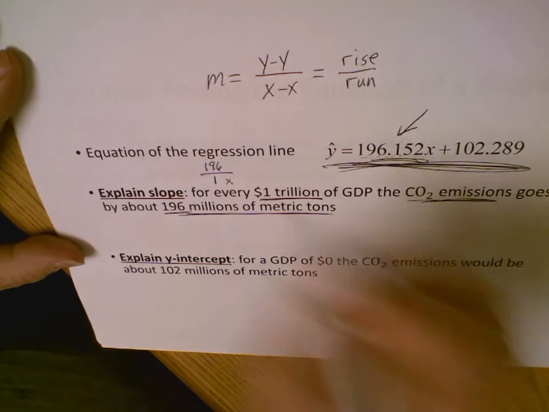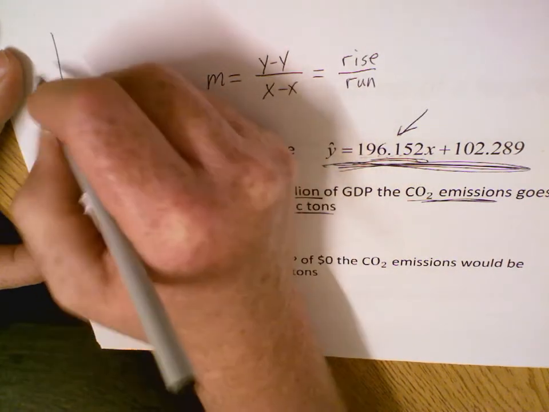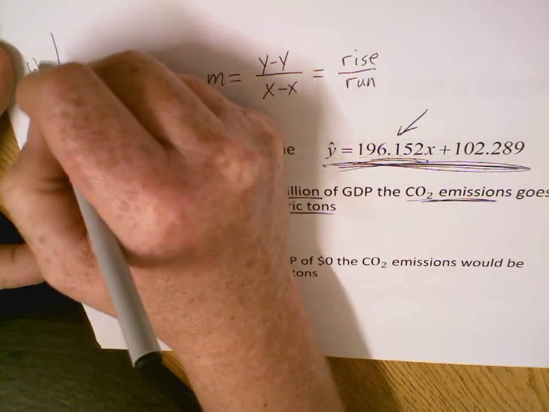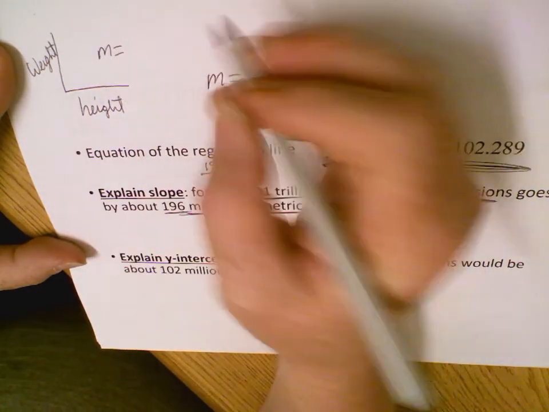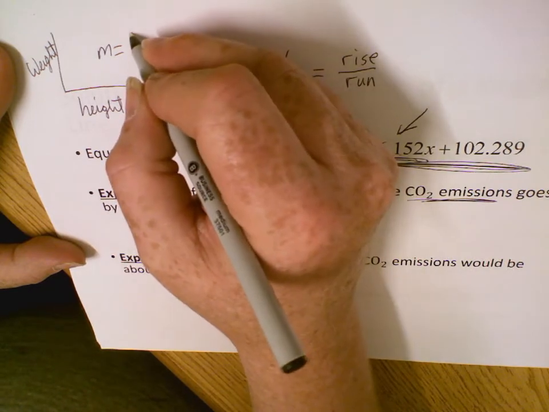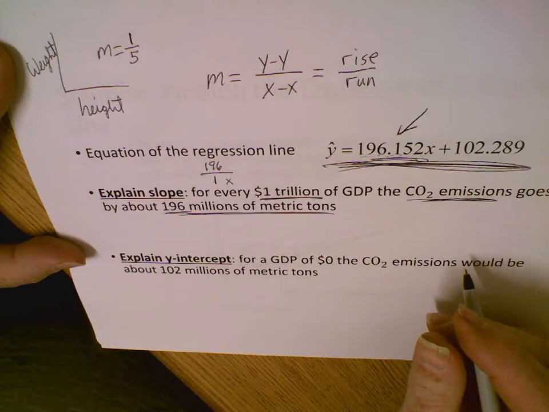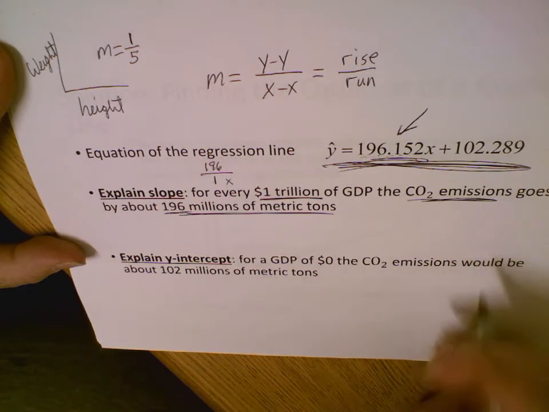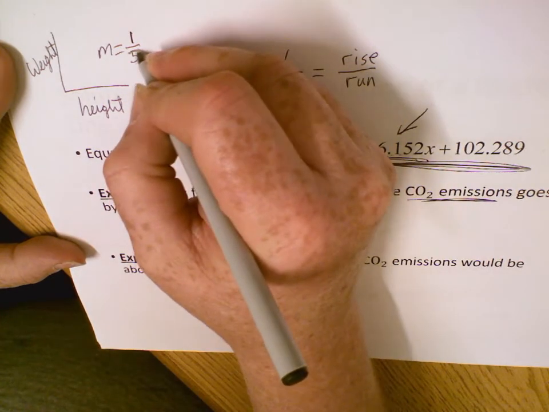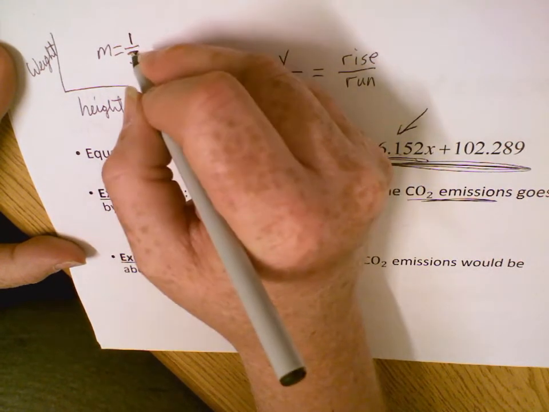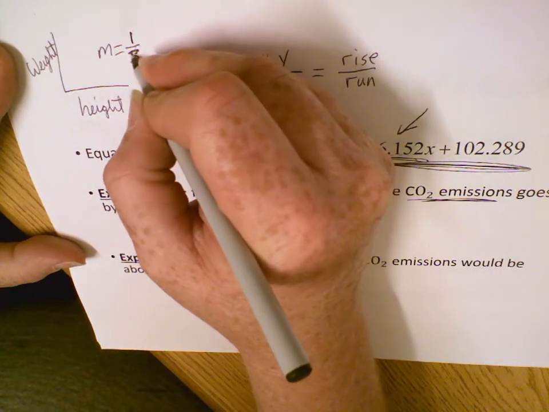So if we were looking at something that had height compared to weight, and our slope maybe was 1/5, it's not going to come out all nice and even like that all the time.